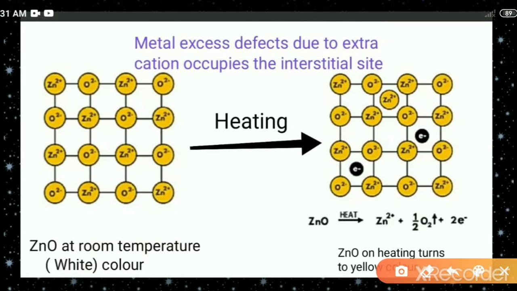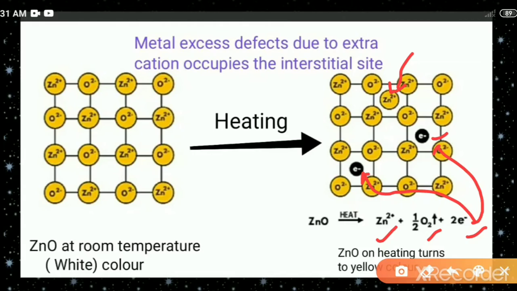That means when ZnO is heated, it turns into zinc ion, and oxygen is released along with 2 electrons. In this case, you can find that one extra zinc ion takes a position in the interstitial site. Because of this, in order to maintain electrical neutrality, the 2 electrons which are formed take the position of another interstitial site to make the crystal electrically neutral.